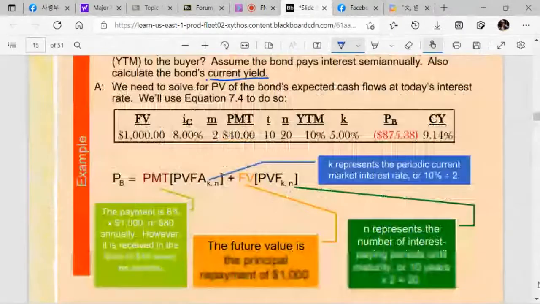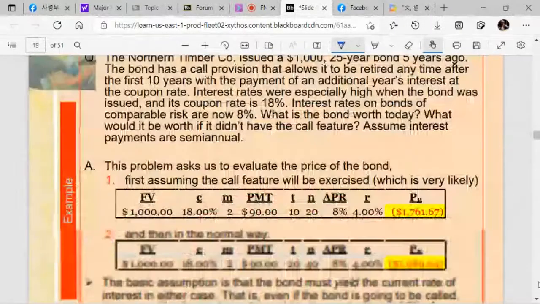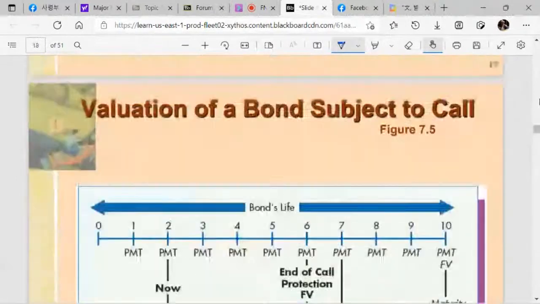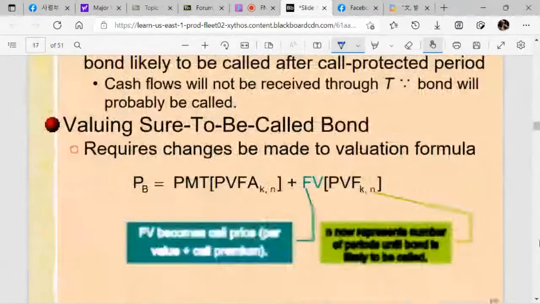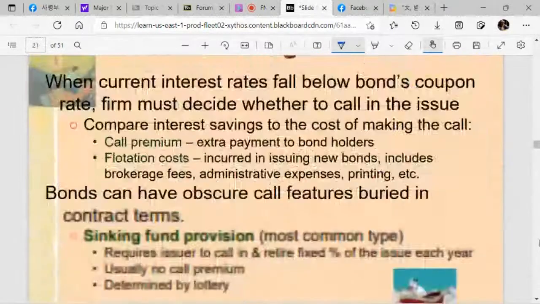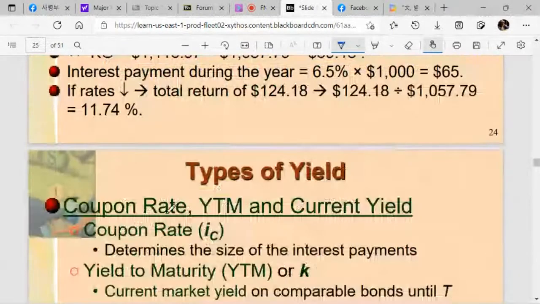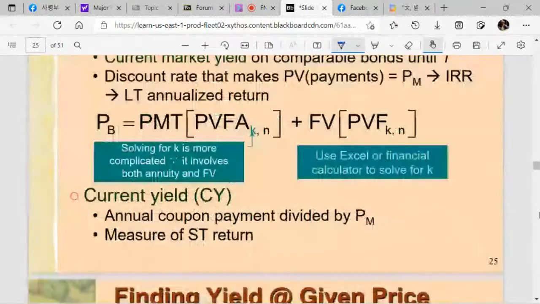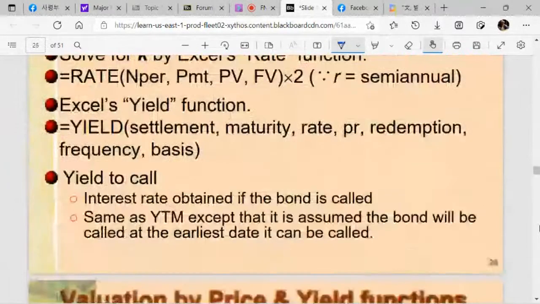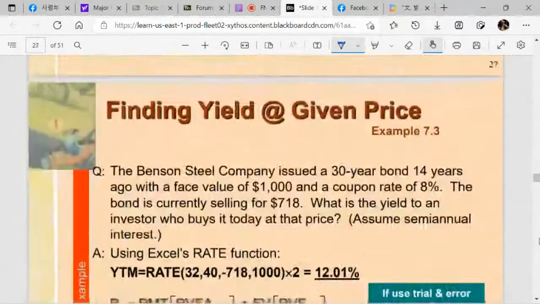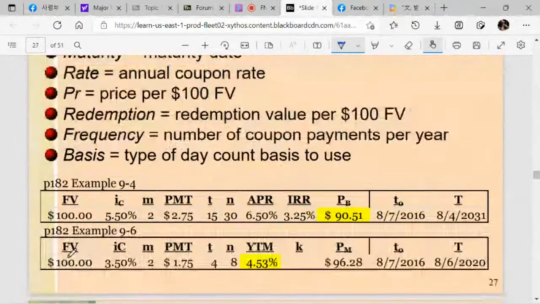We'll come back to the callable bond later, but let's go to this types of yield: current yield, yield to maturity, and here we have this example. Okay, it's the same example.